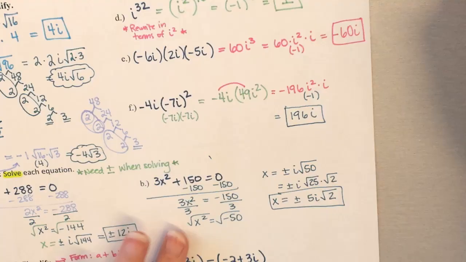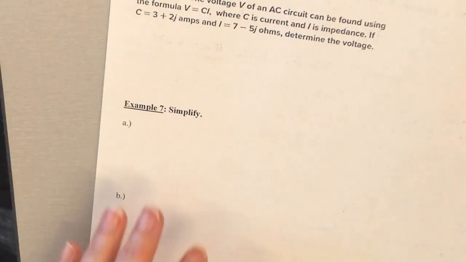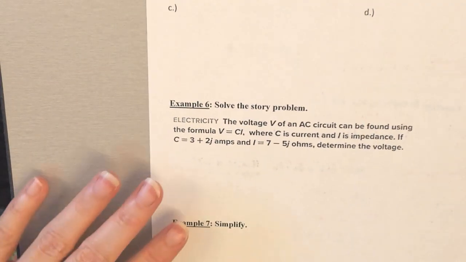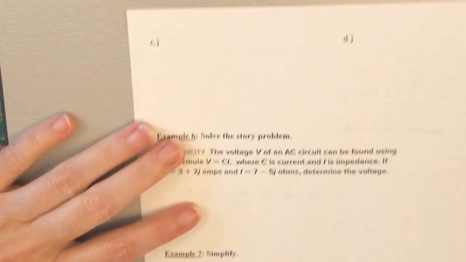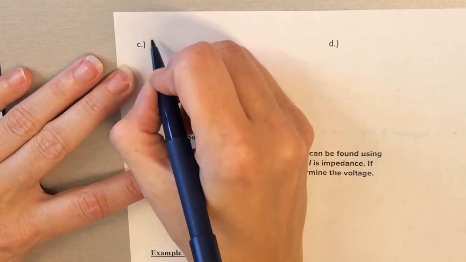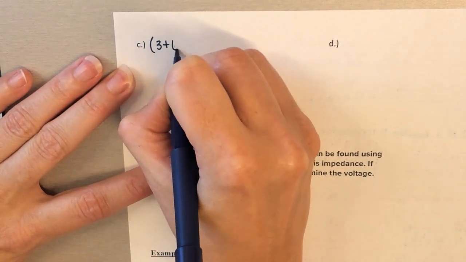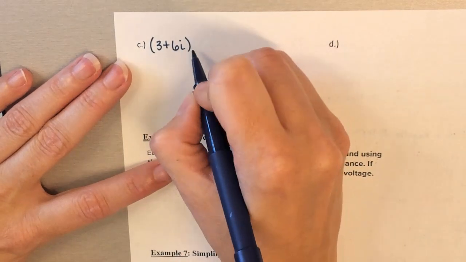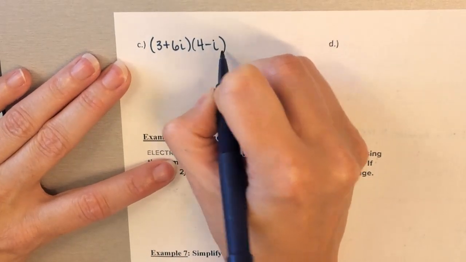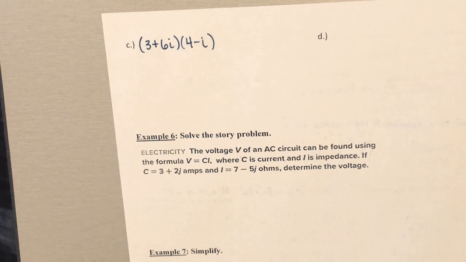Let's do some multiplication. Okay, and then when you are multiplying, if you have two binomials, you're going to use FOIL. We're going to use FOIL, and then we are still looking for opportunities where we are going to plug in i squared.